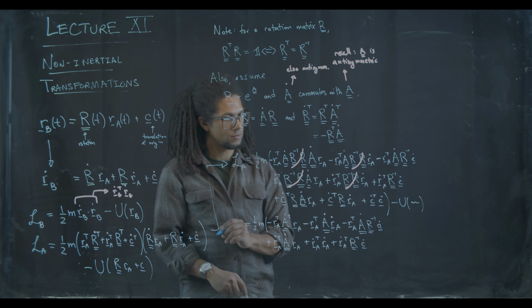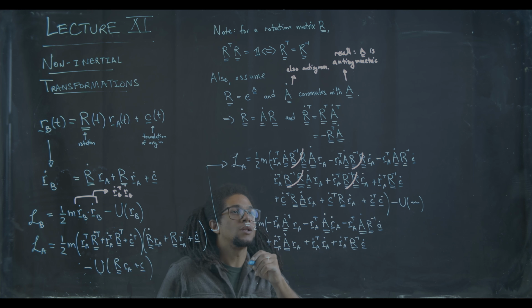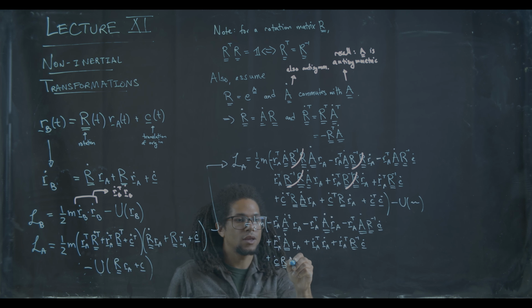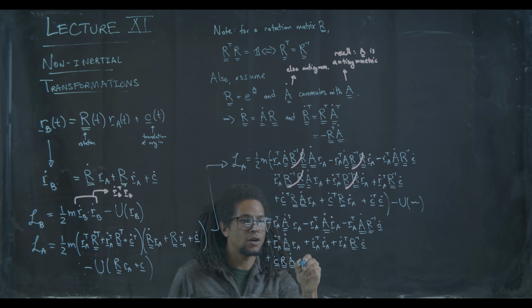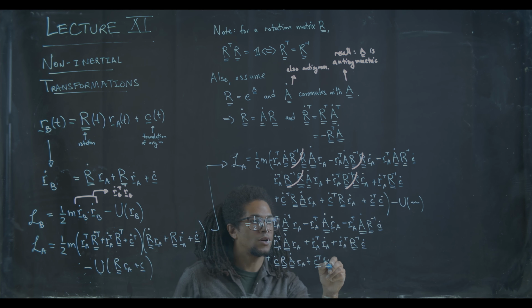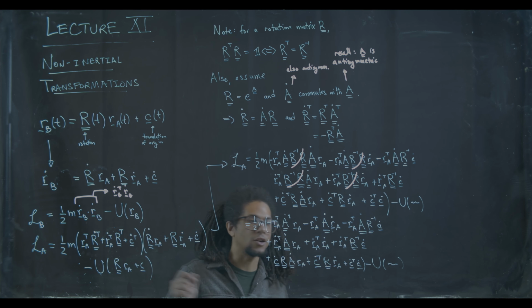Good. Okay. Lastly, we get C dot R A dot RA plus C dot transpose R RA dot plus C dot transpose C dot minus U of whatever's in here.